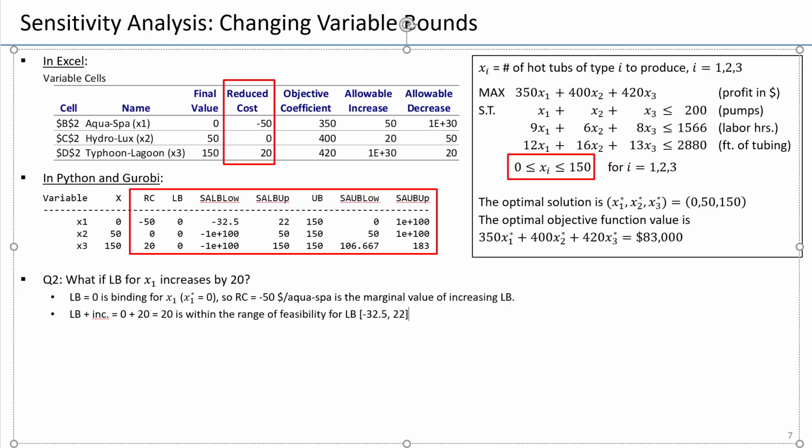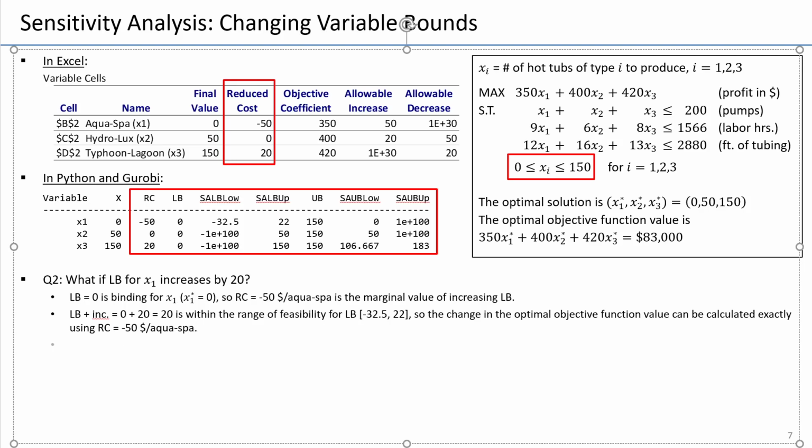Actually, we were getting close. We are at 20, right? So the change in the optimal objective function value can be calculated exactly using the reduced cost equal to minus 50, right? This reduced cost, minus $50 per aqua spa, right?